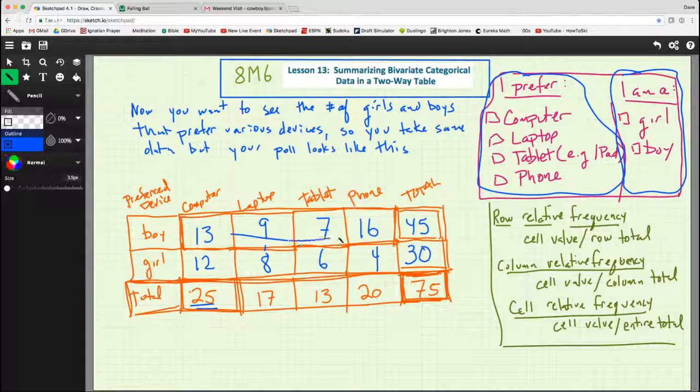If you add across the entire row, you can get the total here. And further, if I take my totals of boys and girls and add down, I get my 75 total kids. Or if I add across my preferred device, I get my 75. So this is a really cool table. It has a lot of power in it. It shows a lot of numbers, but they all tie together if you add them across the row or down the column.